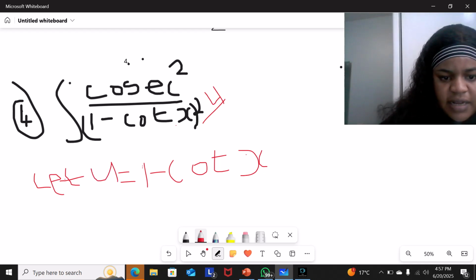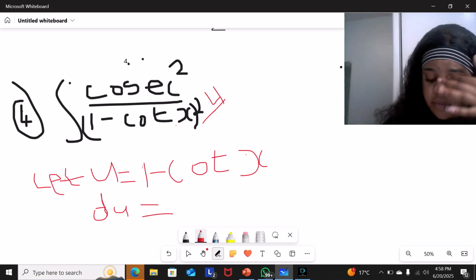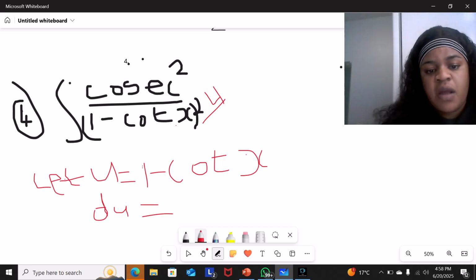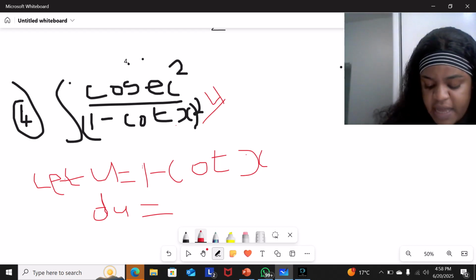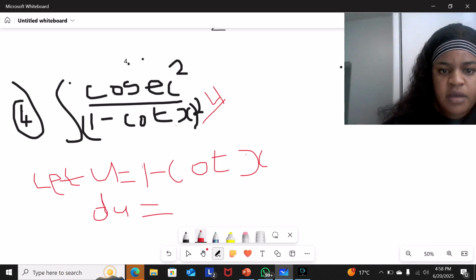Then du is equal to the derivative of 1 minus cot x, which is cosec squared.